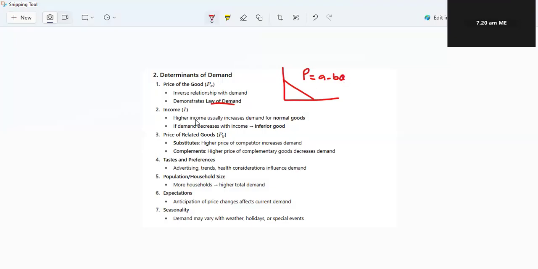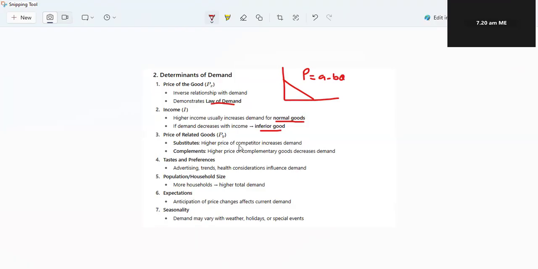So we also have income. Normally, if the income increases, you should demand more of that good, and that good is now called a normal good. But if the opposite happens, as income increases, you will demand less of that good, it becomes an inferior good. And inferior goods have negative elasticity. Then we have two related goods, one which is a substitute and the other which is a complement.